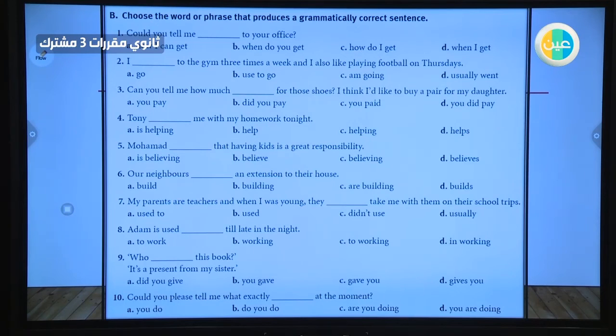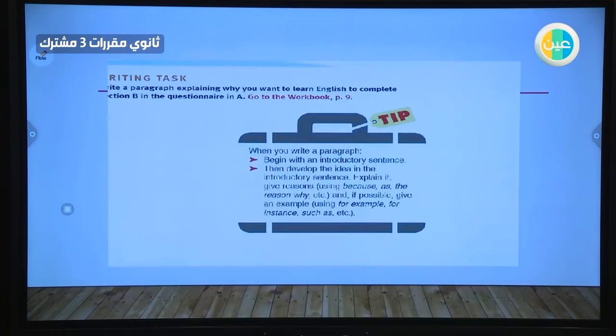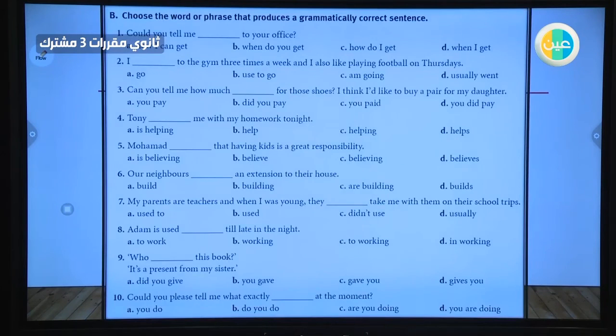Yes? Okay, use, very good, to the gym 3 times. Yes, number 3: can you tell me how much? How much what? This is also indirect, what did we say about indirect? You paid. So C, Tony.